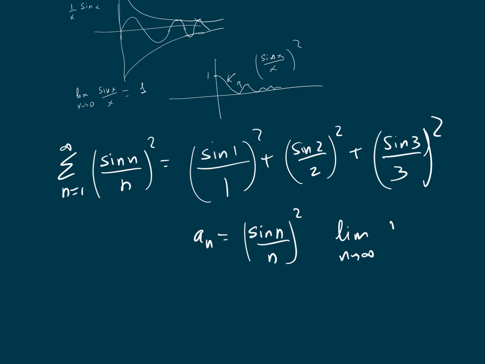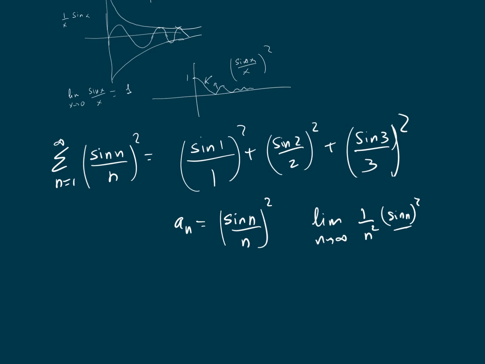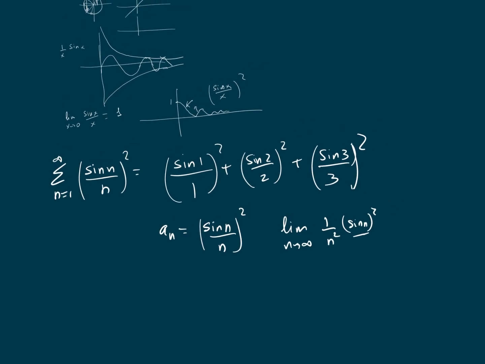But in this case, when n goes to infinity, sine of n is a number between 1 and minus 1, and n squared goes to infinity, so a sub n goes to 0. So the divergence test will not tell me anything. Okay, what other test can I use?